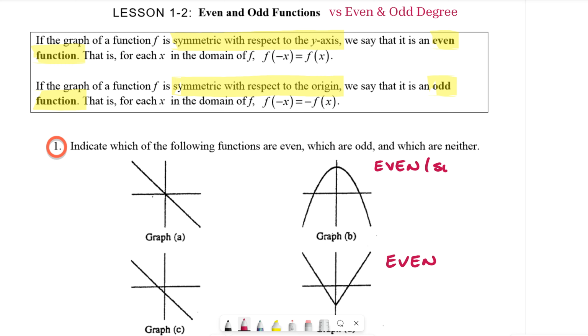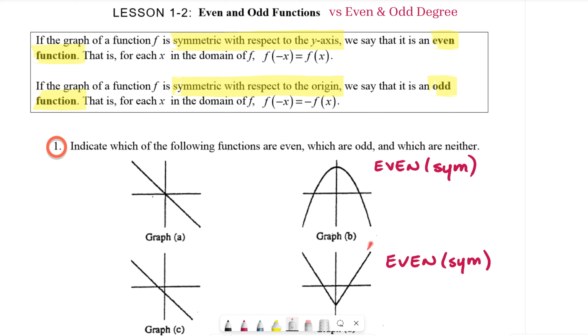If we imagined ourselves folding the paper that your graphs are sitting on right now on that y-axis, this side right here would most definitely overlap with this side. Same goes with this problem. This side would overlap with this side.